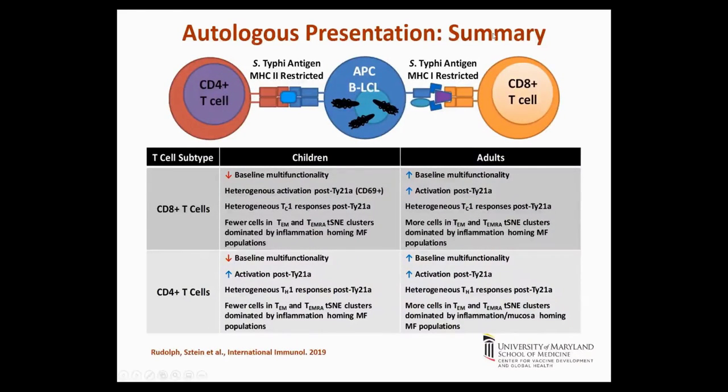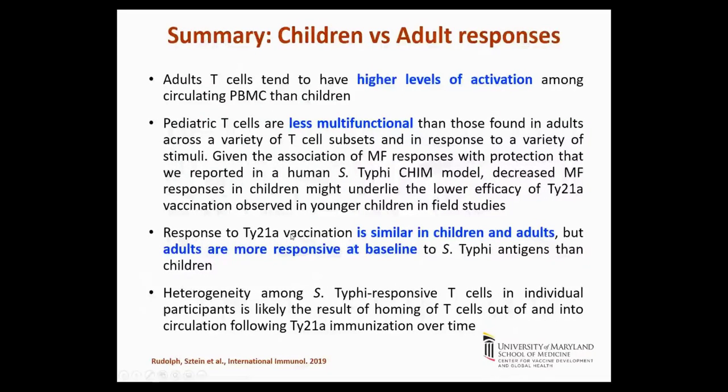So to summarize this autologous part of the presentation, in which cells were specifically stimulated with an antigen, again, we see that children have decreased baseline multifunctionality as compared to adults. The adults have an enhanced activation following immunization with the Typhoid vaccine Ty21a. And very importantly, in children, there are fewer cells that exhibit multifunctional properties.